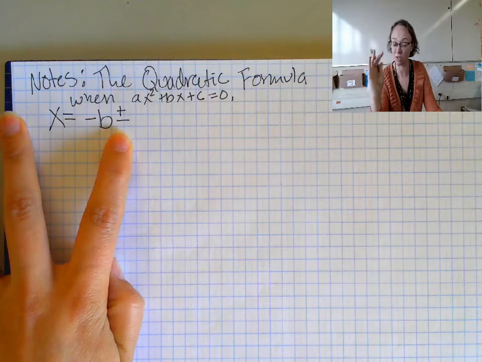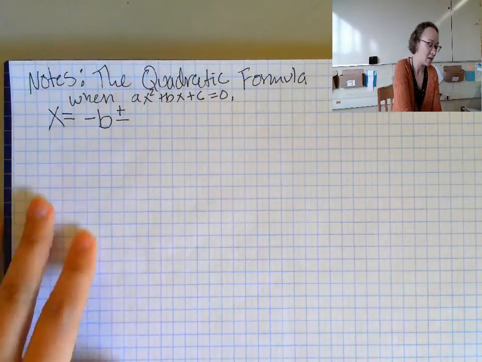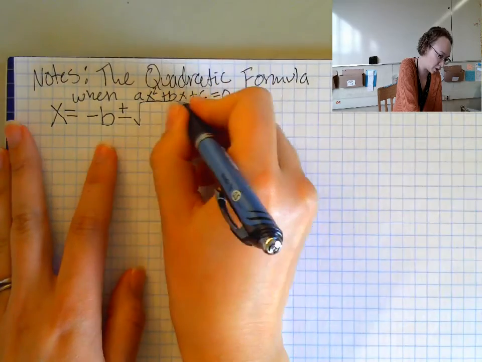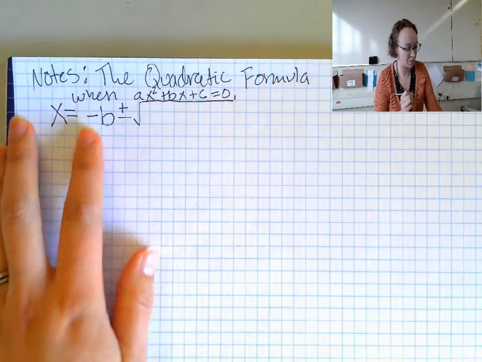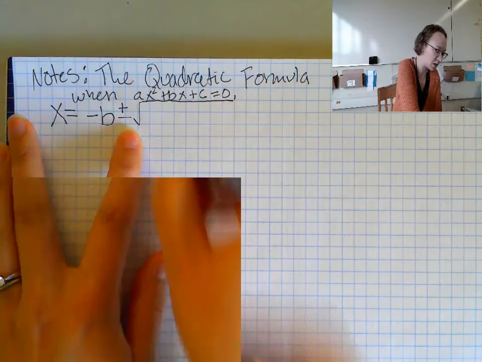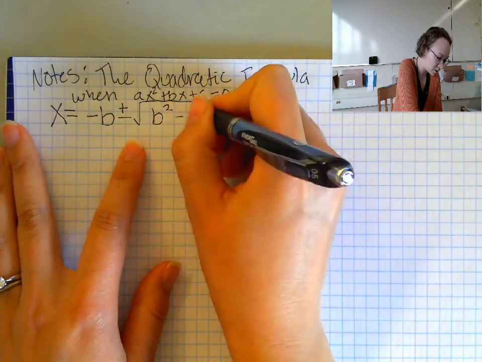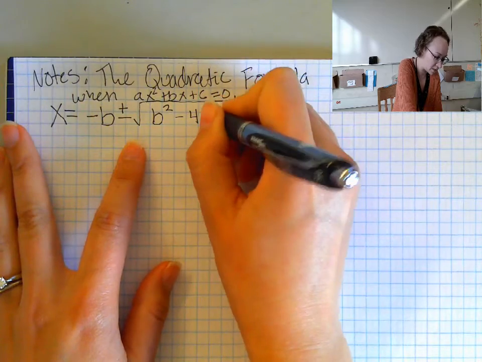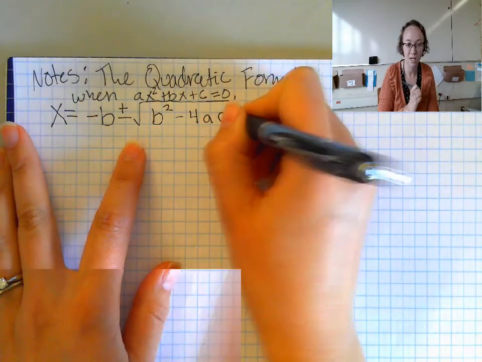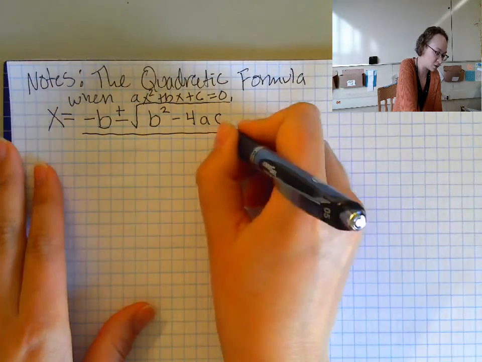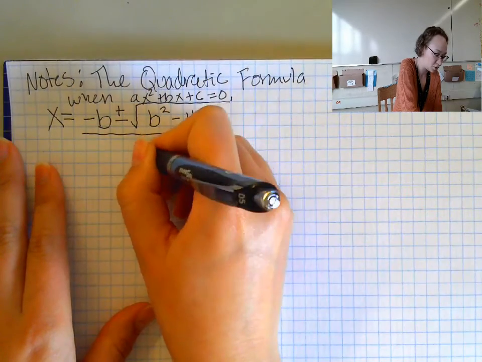This should feel familiar, like when we're undoing a square root. Negative b plus or minus the square root of b squared minus 4 times a times c, all over 2a.